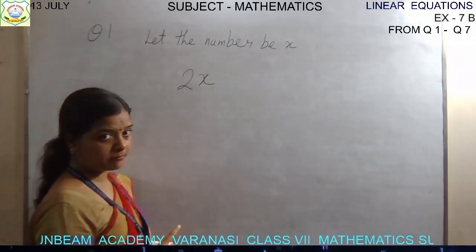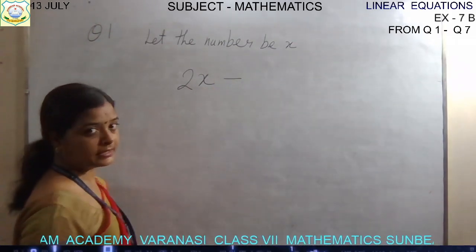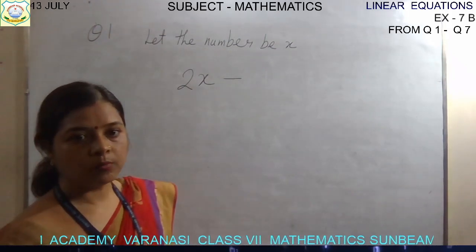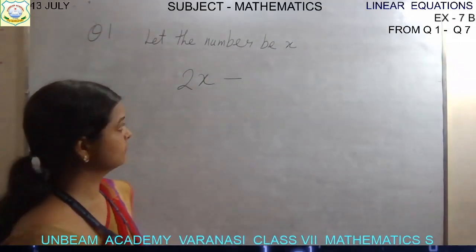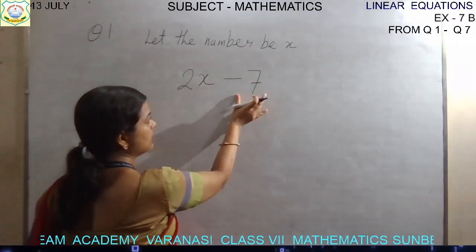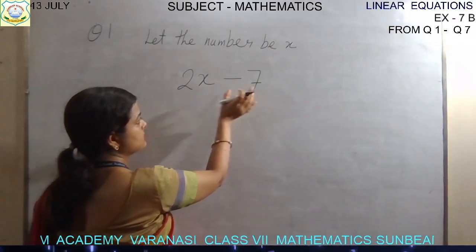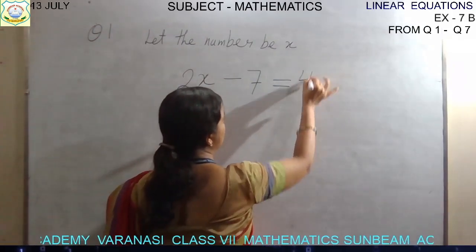Twice a number when decreased by how much? When decreased by 7 gives 45. When you subtract 7 from this number, then you will get how much? 45.